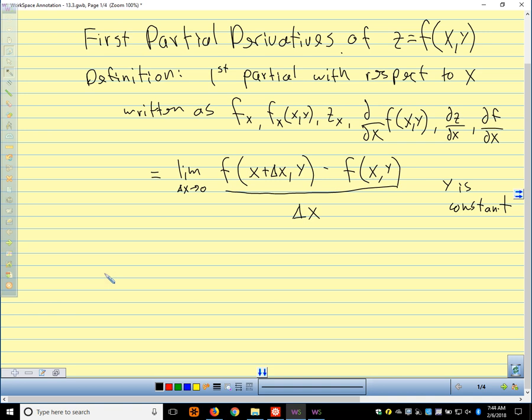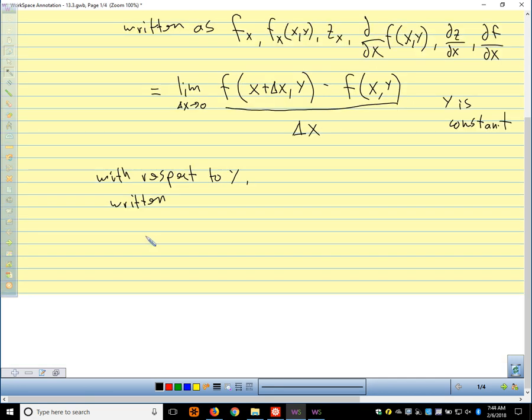And with respect to y, we write this very similarly. We would say f sub y. F sub y with our variables there. Z sub y, the partial with respect to y of f of x, y.